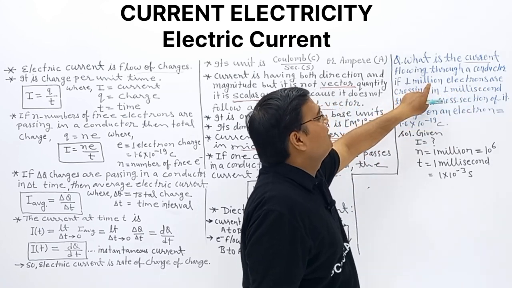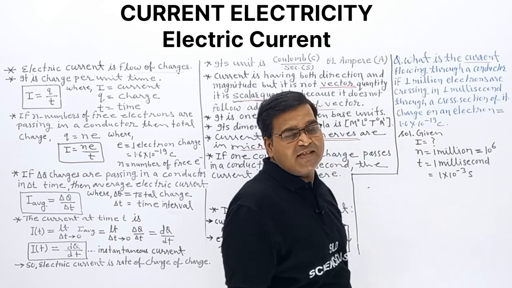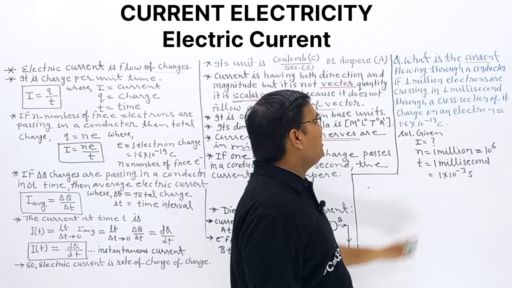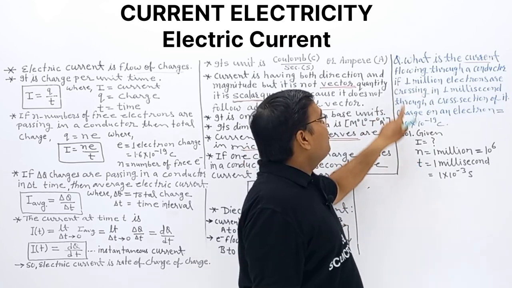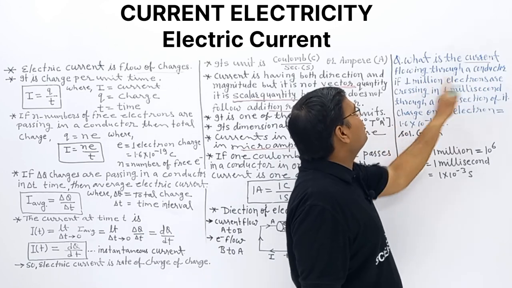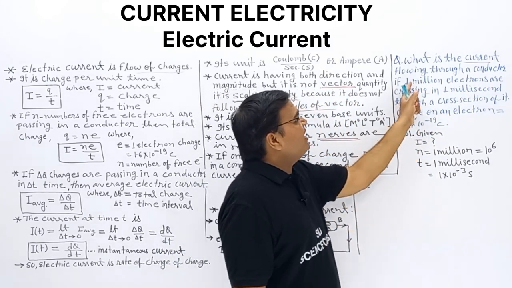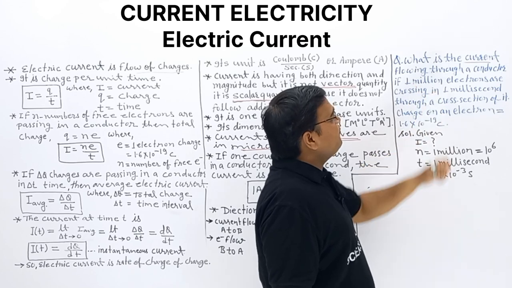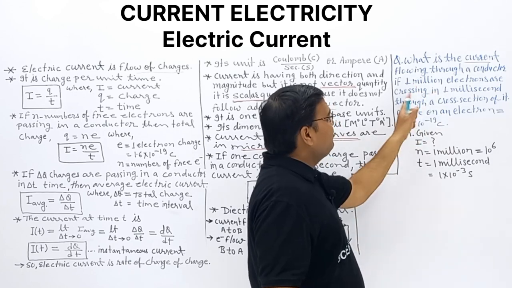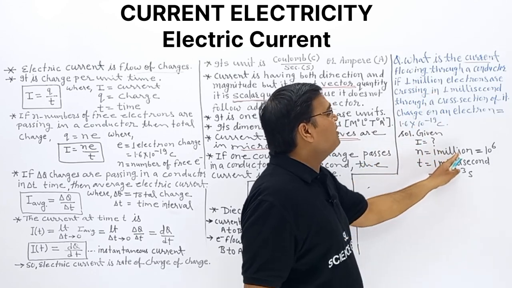We want the current. If 1 million electrons are crossing in 1 millisecond, it means the number of free electrons n equals 1 million.